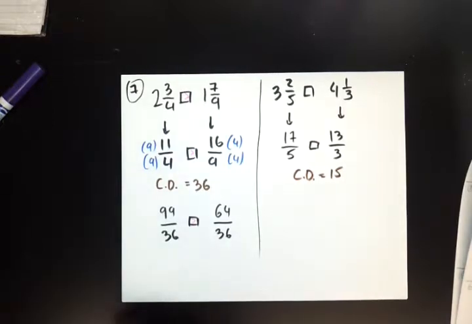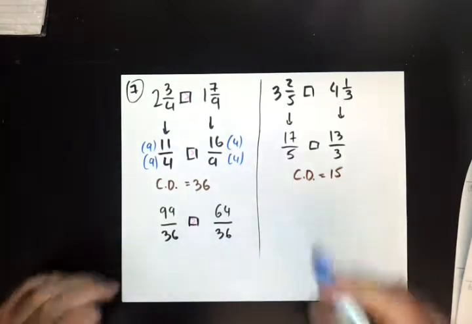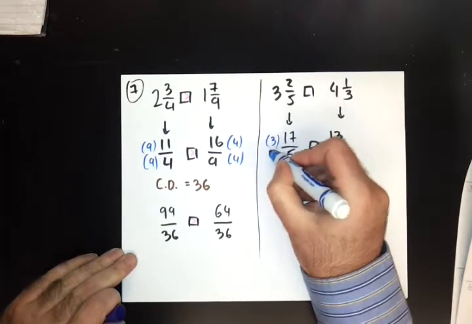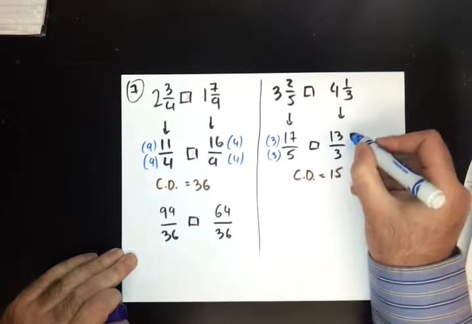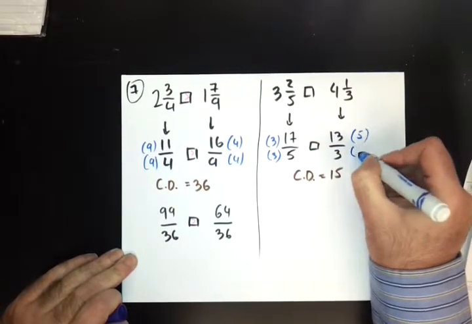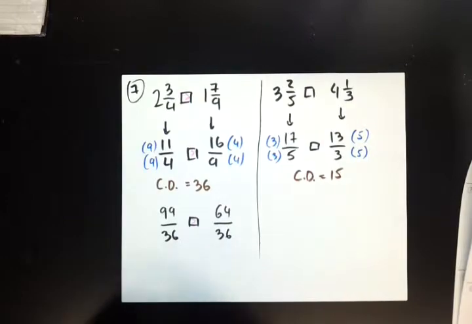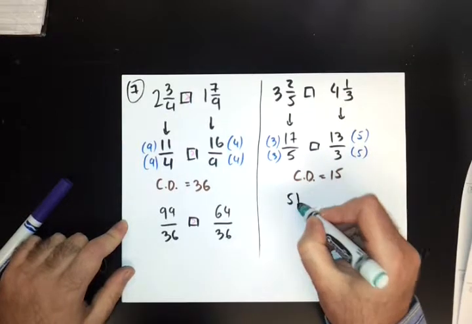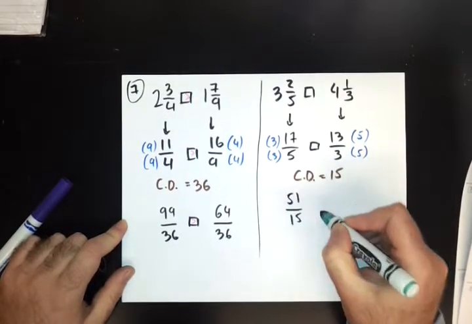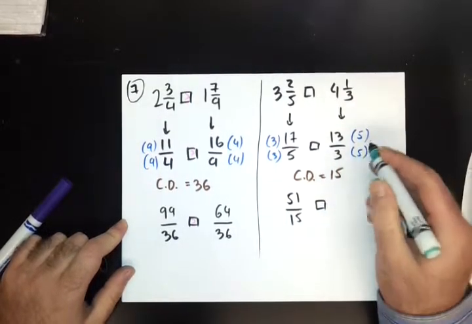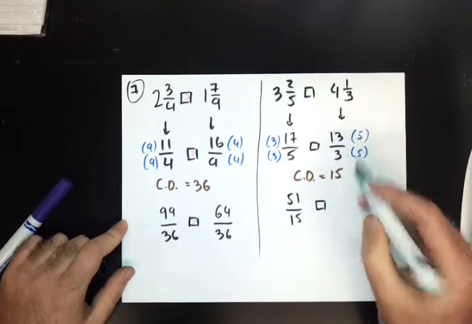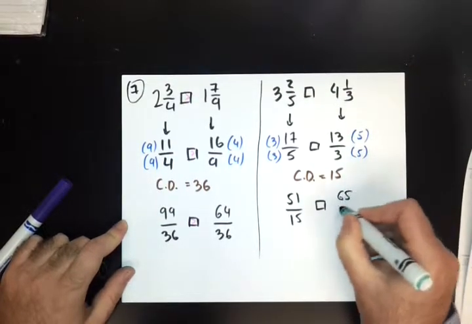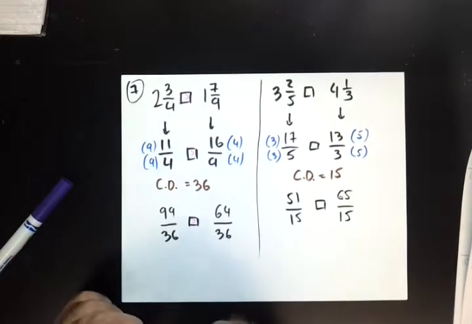Now I'm going to convert both fractions. This one I have to multiply by 3. 3 times 5 is 15. This one I have to multiply by 5. 3 times 5 is 15. Which yields 51 over 15 here, and it gives me 65 over 15, if my calculations are right.